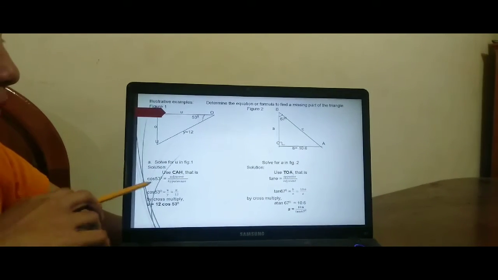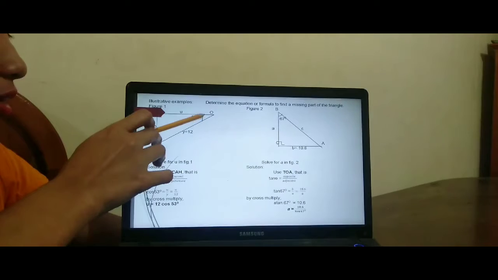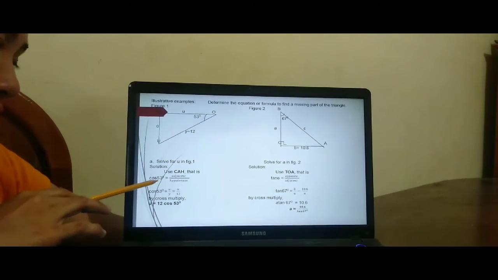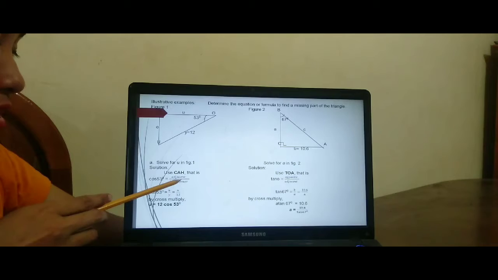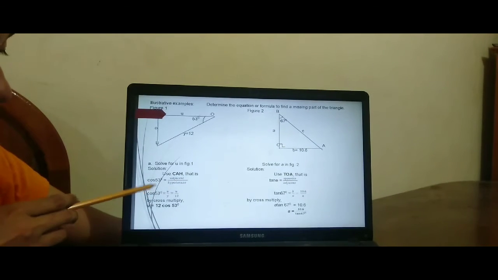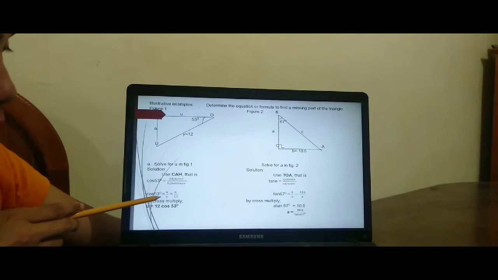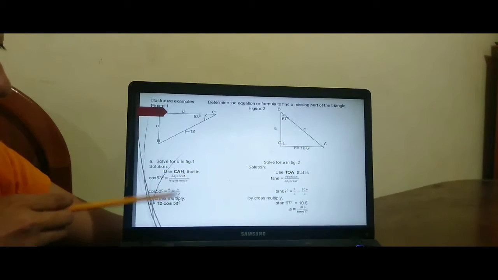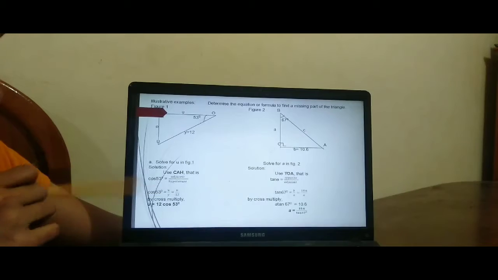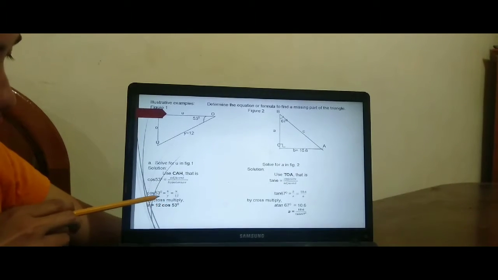So we will use with respect to this given angle nga 53 degrees. So cosine of 53 degrees is equal to adjacent over hypotenuse. Cosine of 53 degrees is equal to U over Y. And Y is equal to 12. After that, we have to cross multiply.